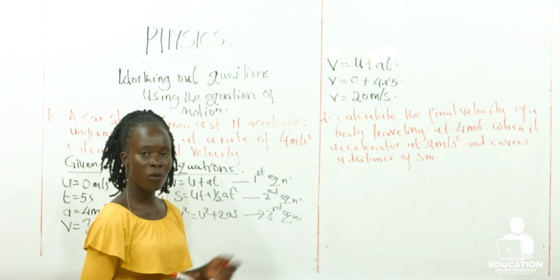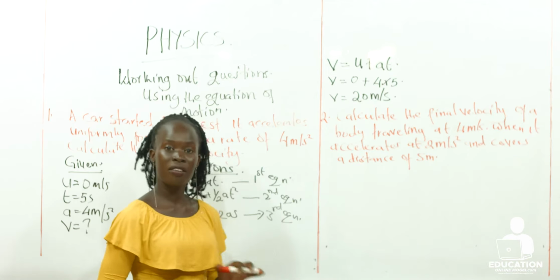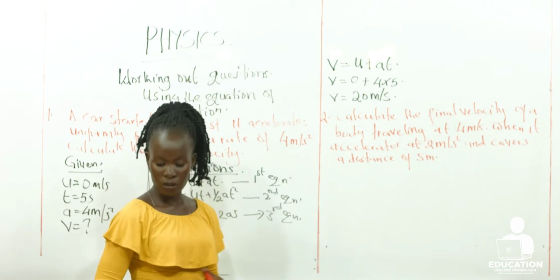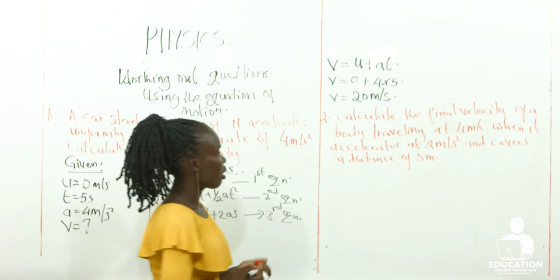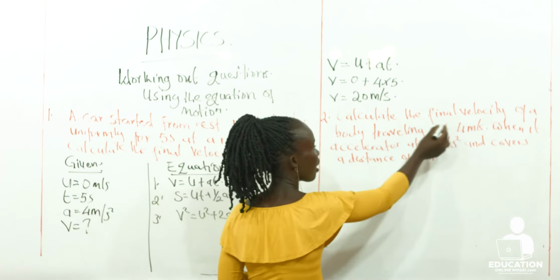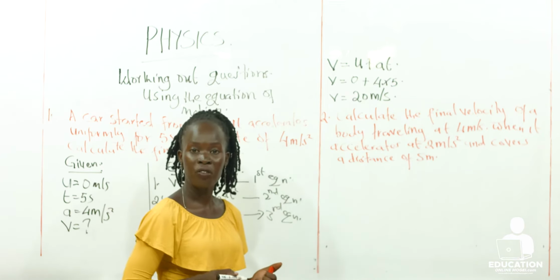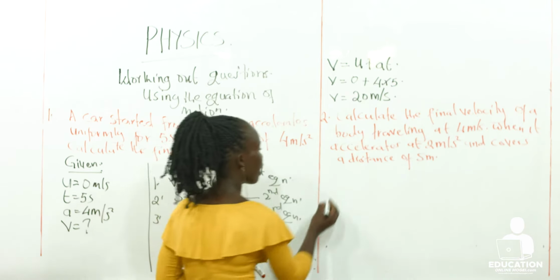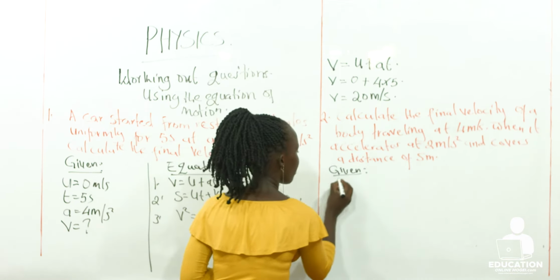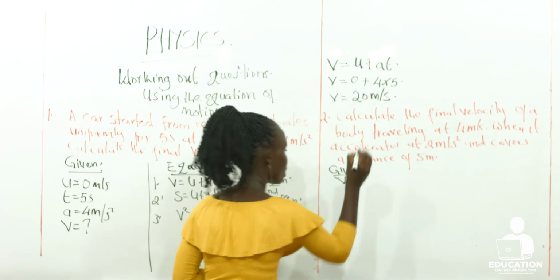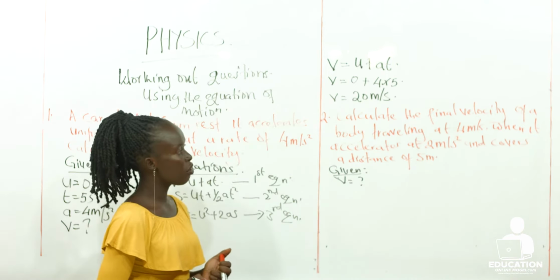If you have a question like that, the first thing you do is try to summarize the whole question and see what they have given us. They are telling us to calculate the final velocity. That is what the question wants us to find. Our final velocity, which is v, we don't have.